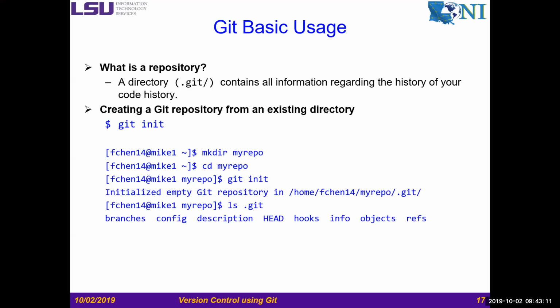First, I want to give you an explanation of what a repository is. Here I give you the definition of a repository in Git. A repository, or sometimes we just simplify it as a repo, is a directory that contains all the information regarding the history of your code. So basically, the repository is a folder. It contains all your version information.